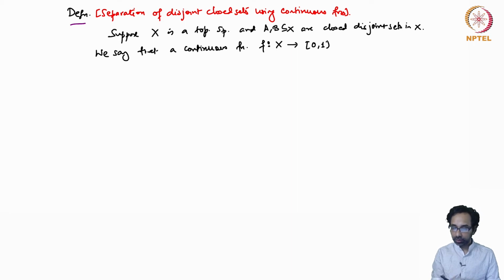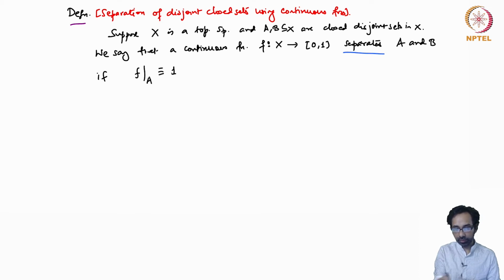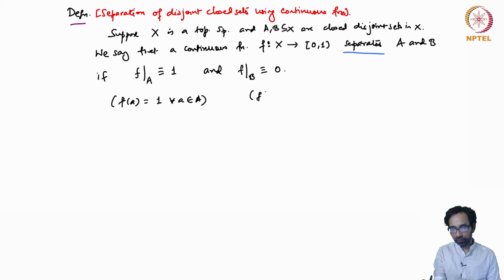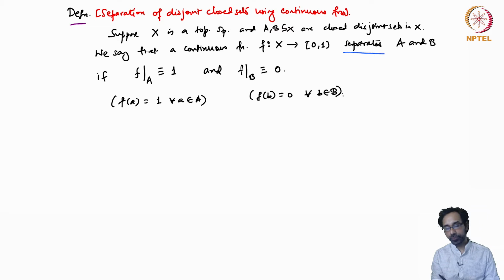We say that this continuous function separates A and B if f restricted to A is identically equal to 1 and f restricted to B is identically equal to 0. So f of each point in A is equal to 1 and f of each point in B equals 0.